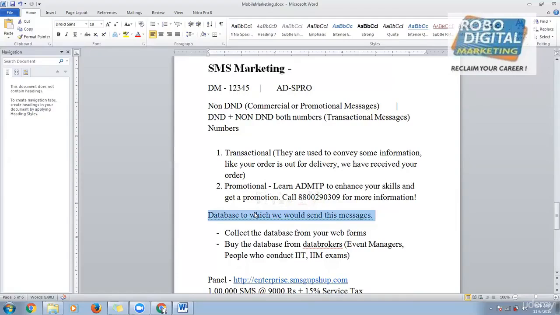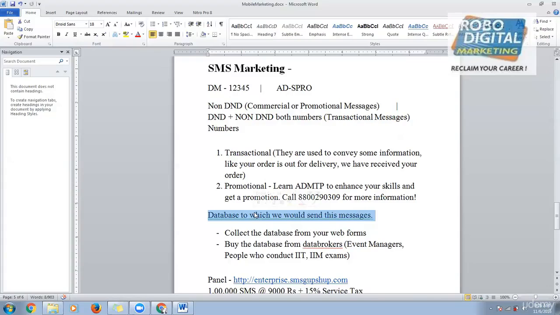But in case you don't have a very big database of such numbers, what you can do is buy databases from data brokers. You can go on Just Dial and look for various data vendors.